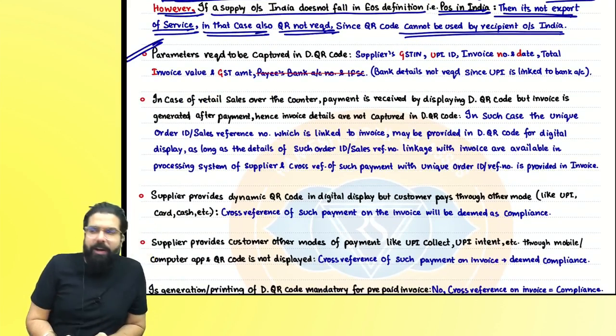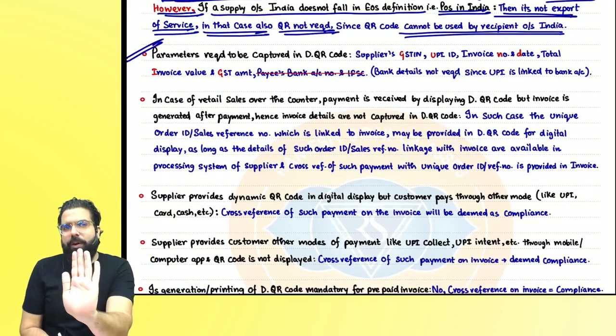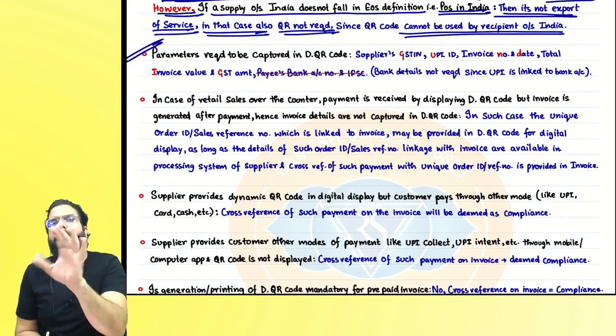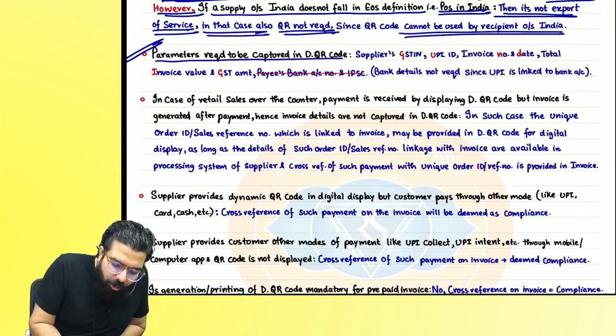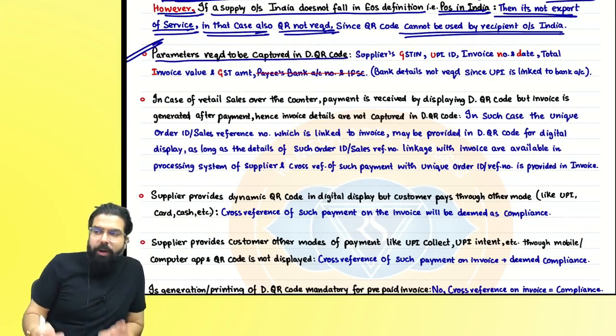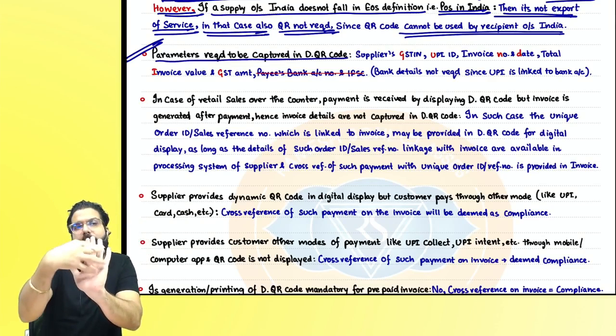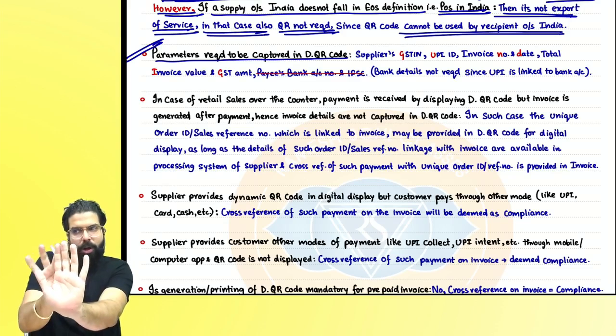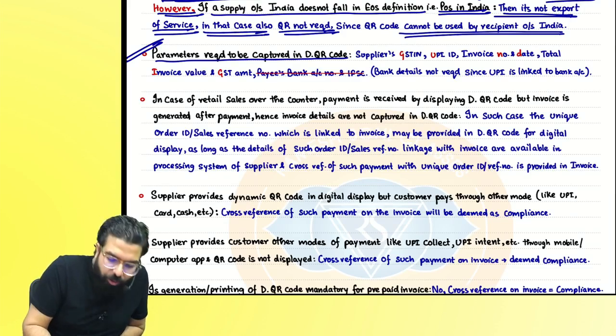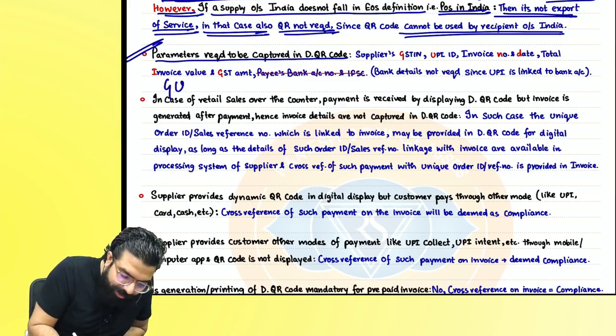Then people asked, sir, when you are giving the QR code, what other parameters do we need to provide along with it? The government has told us the parameters required to be captured. What are the details required to be captured in a dynamic QR code? When I give you the dynamic QR code, what details should be there? It should have GUINDIG. Sir, what is Gundi?